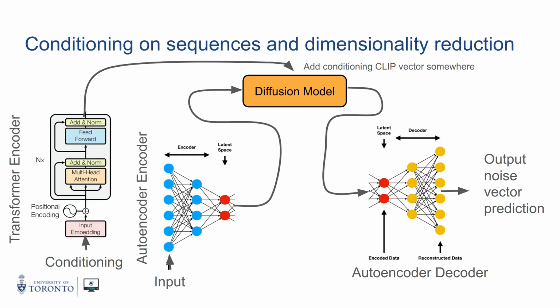So now we have some compact representation of our sequence of input words. So what do we condition our model on? This, right? It's a 512 dimensional vector. So we can augment the input to our diffusion model.